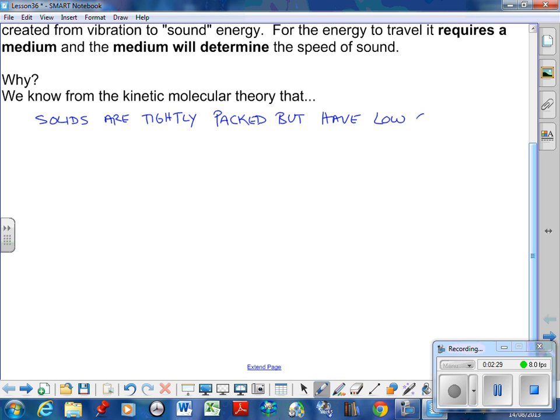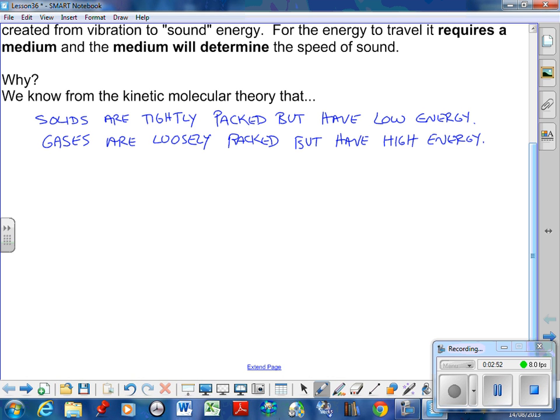They're not vibrating very fast. Gases, going to the other extreme, are loosely packed, even though they're kind of running around the room, but have high energy. So you have the two extremes here.